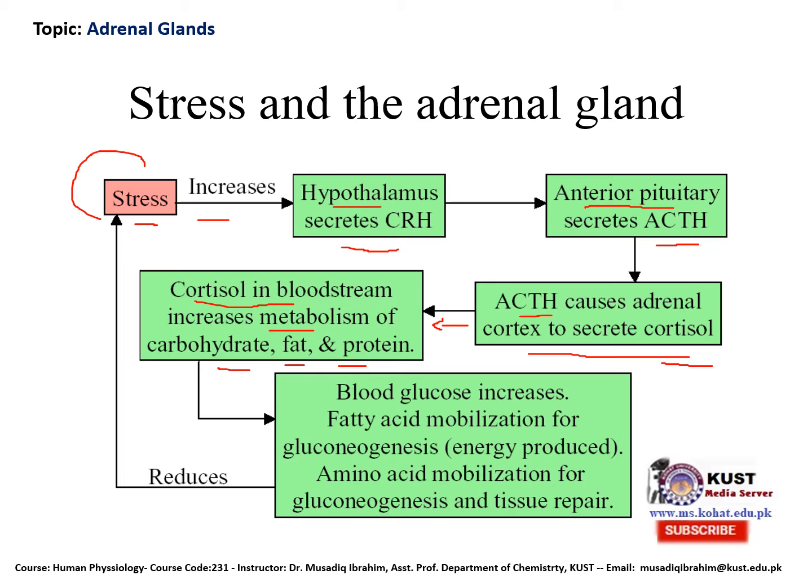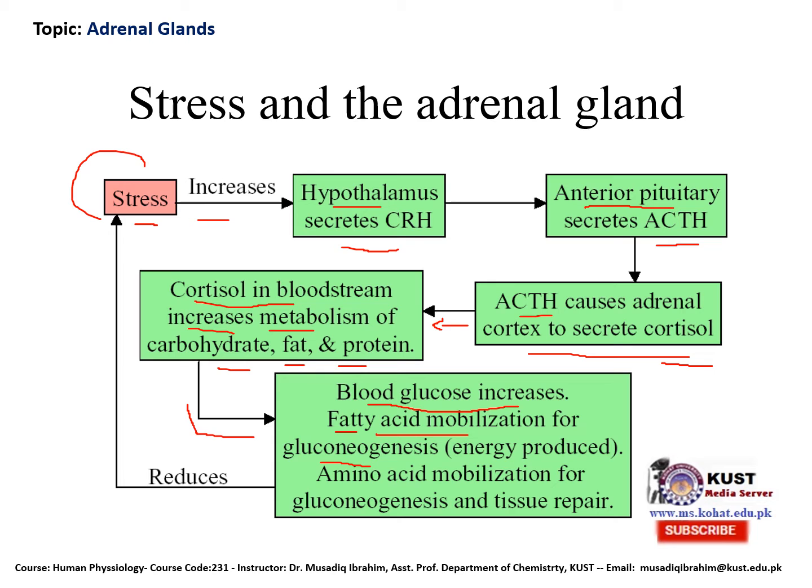As a result of increased metabolism of carbohydrate, fat, and protein, there are many results taking place, like blood glucose level increases, and fatty acid mobilization is taking place for the sole purpose of gluconeogenesis. And as we know, gluconeogenesis is the synthesis of glucose from non-carbohydrate molecules like fats and proteins.